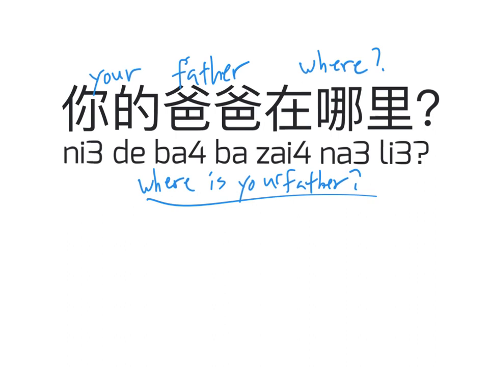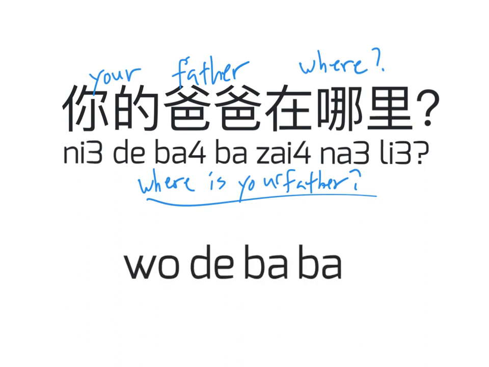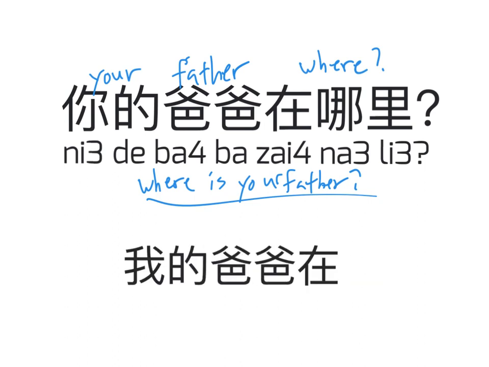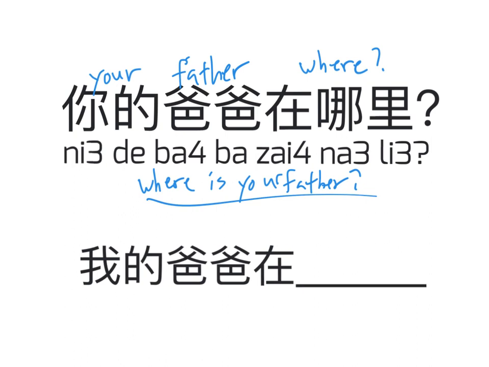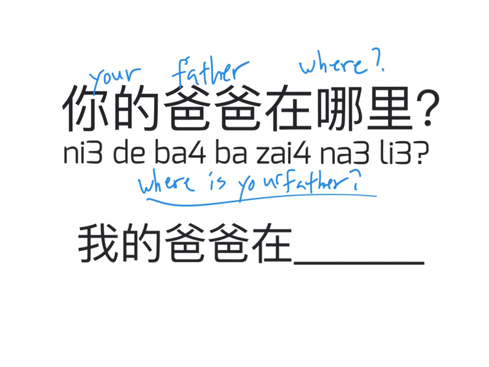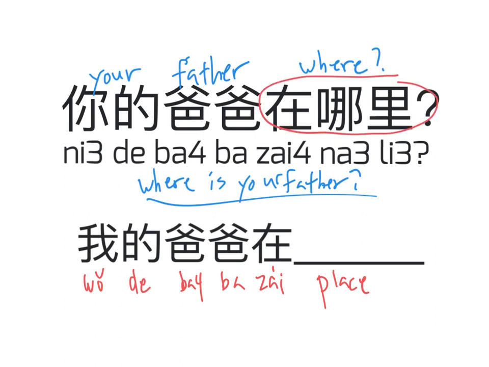Now, how do we answer it in Chinese? The answer would be 我的爸爸在, and then, depending on what place your father is in, you could answer like this. Because the question is 在哪里, or a place, your answer should be a place.